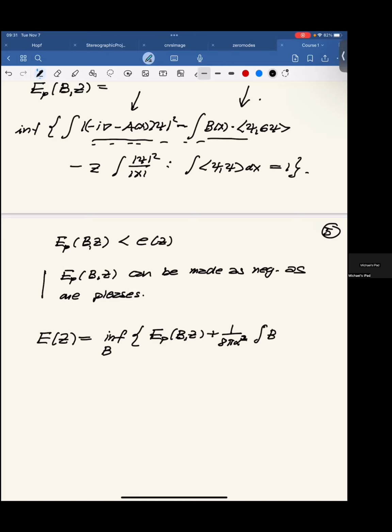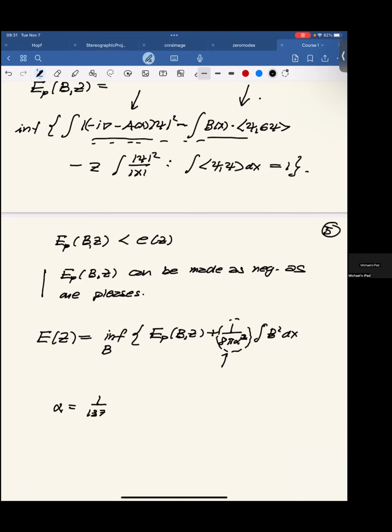And I apologize, but in my atomic units, this constant depends on what is called the fine structure constant, which is about 1/137. So you notice this is, in atomic units, a very large number. Okay? So now you take the infimum over all possible magnetic fields, and you come up with the question: is it really true that this infimum is greater than minus infinity? All right?